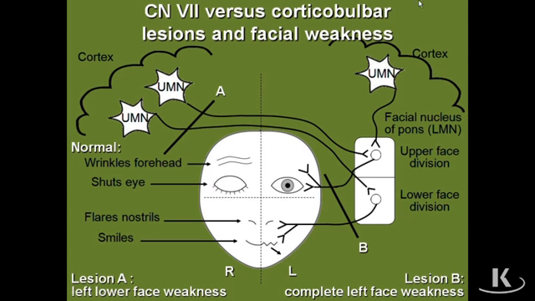First off, what's shown here on the right side of the figure is what happens when muscles of facial expression contract. So on the right side, you're seeing all of the muscles of facial expression that would be innervated by the right facial nerve. And when those muscles contract, they wrinkle the forehead, shut the eye, flare the nostril, and obviously change the position of the lips, smiling, frowning, pursing them, what have you.